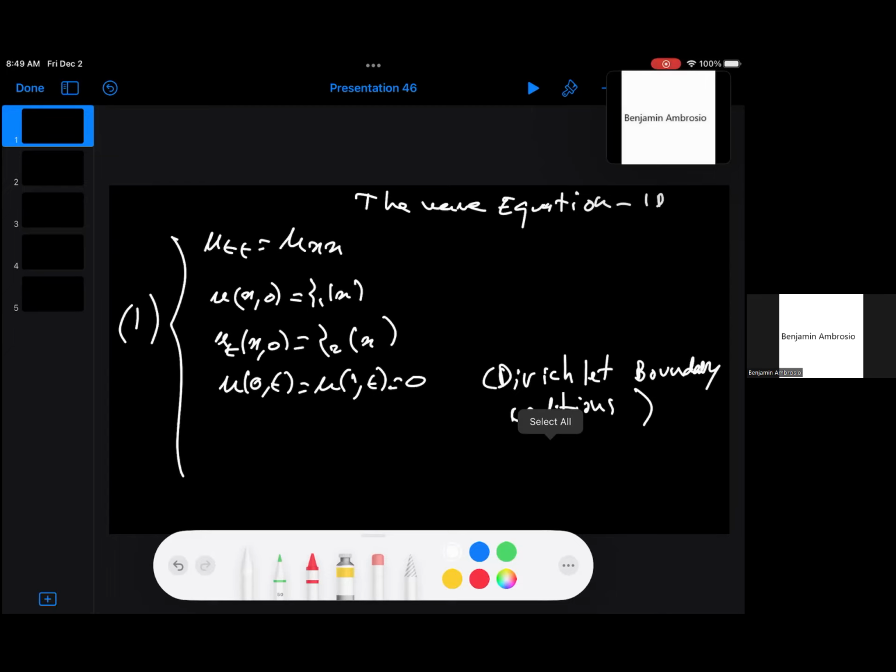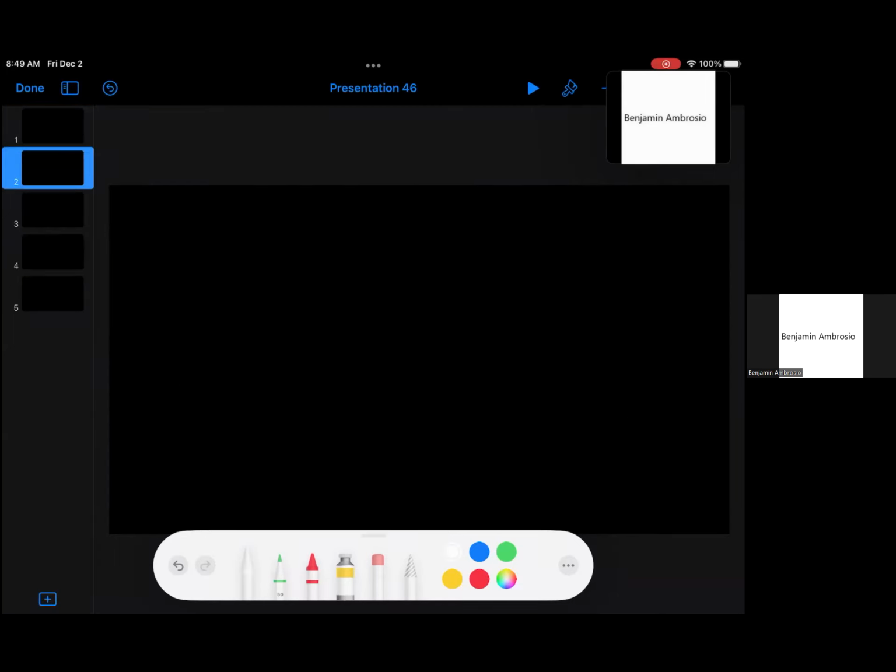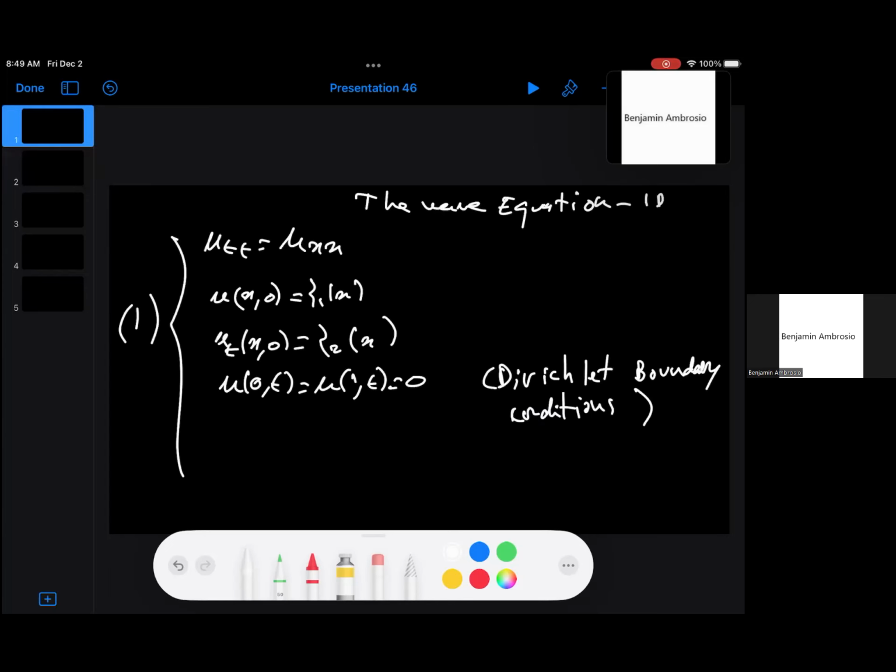In order to do that classically, we will set ut equals v, and then I obtain vt equals uxx.